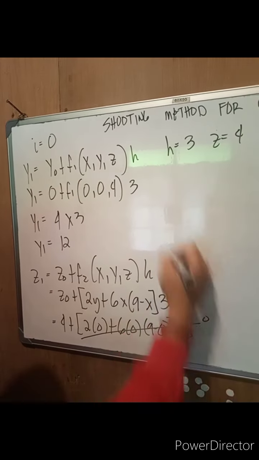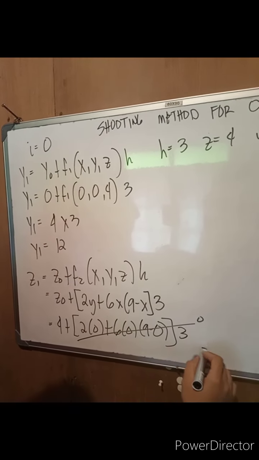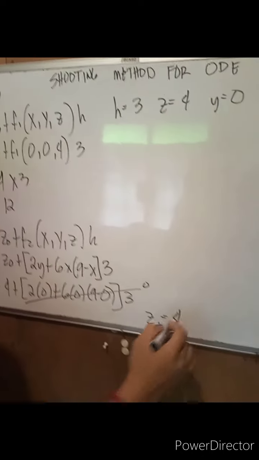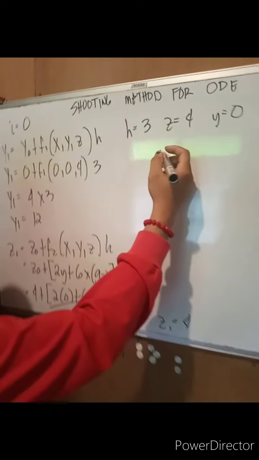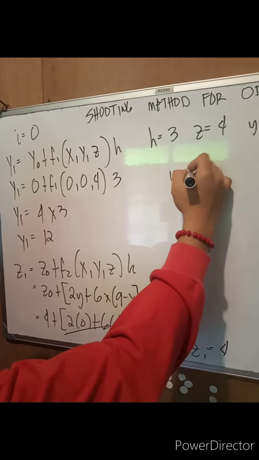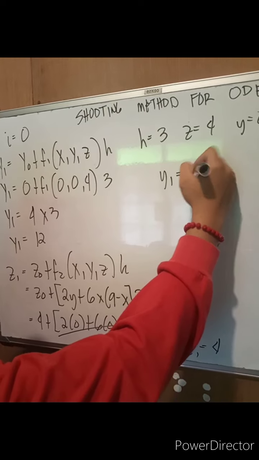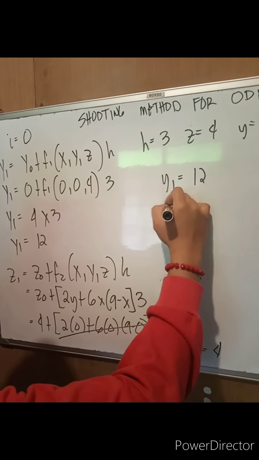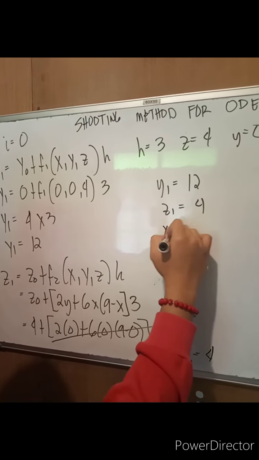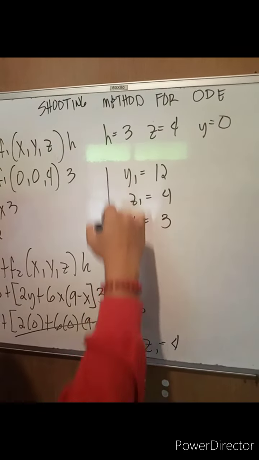So, ang magiging z1 natin is equal to 4. So, may nakuha na tayong y1 is equal to 12, z1 is equal to 4, at yung x natin is equal to 3.